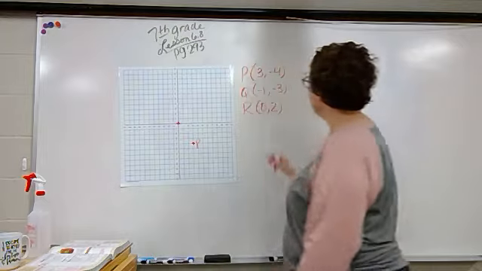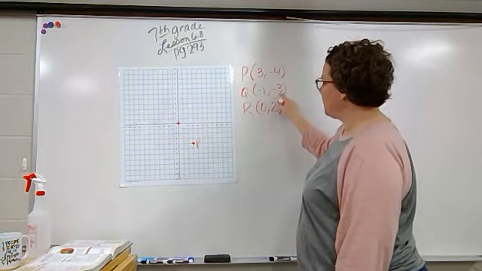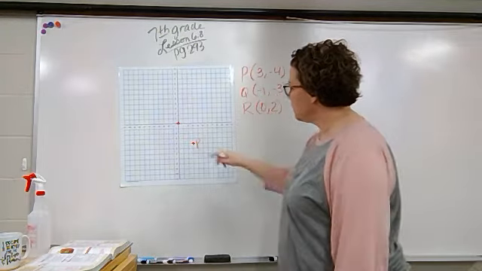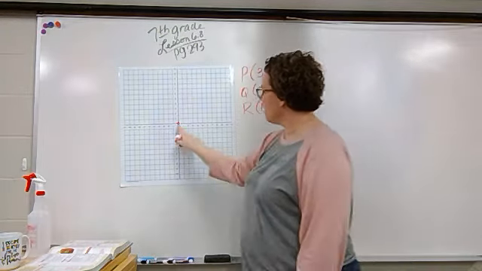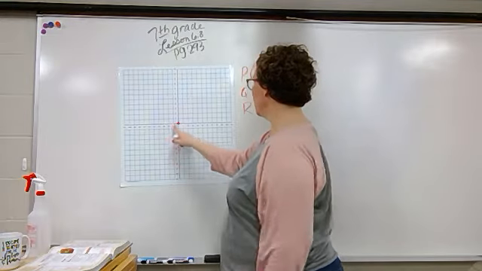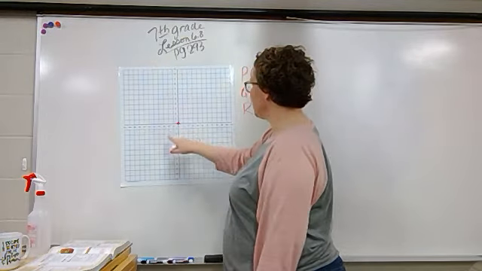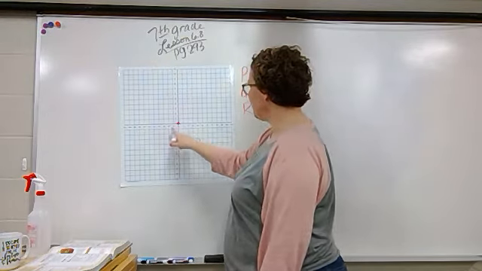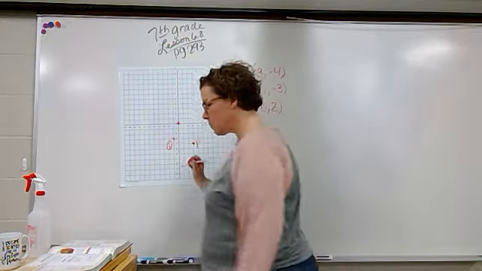Okay? Q is -1, -3. So I start at my origin, and I go over 1. I go to my left because that's where the negative x's are. -1, and then it's down -3. 1, 2, 3. So here is my Q. Okay?